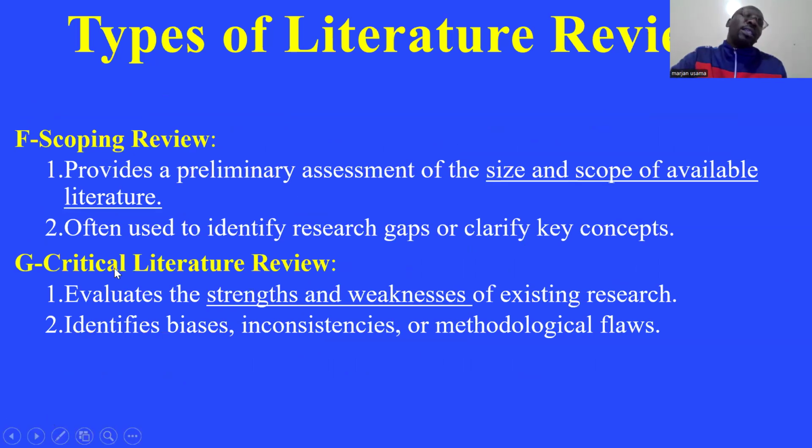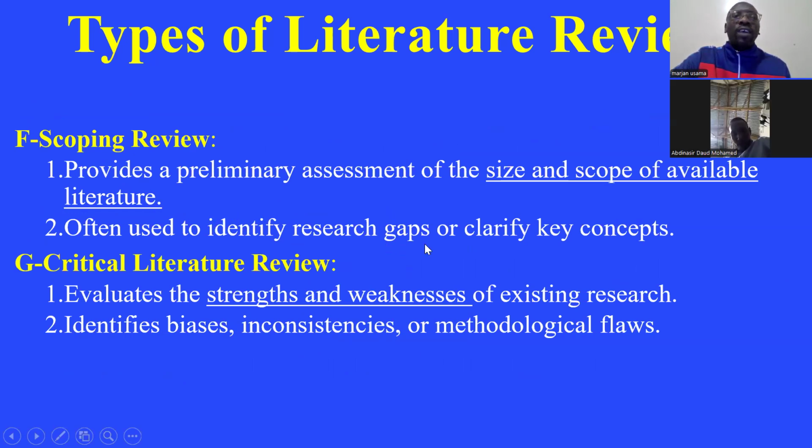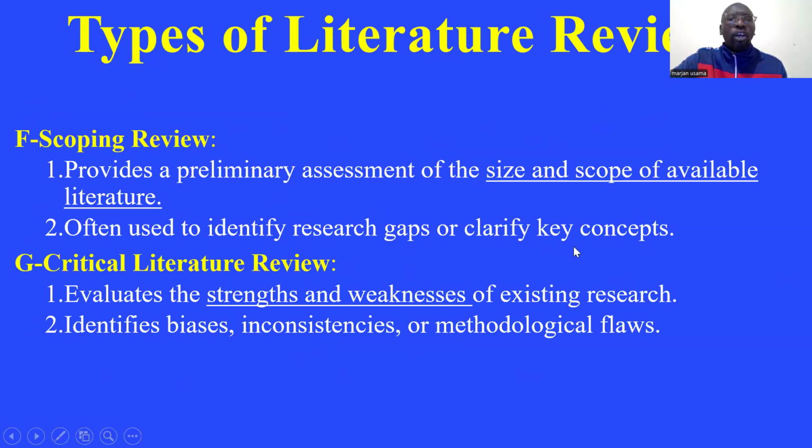Now, this is number 5 or 6, scoping review. So this one provides a preliminary assessment of the size and scope of available literature, often used to identify research gaps or clarify what? Or to clarify key concepts.